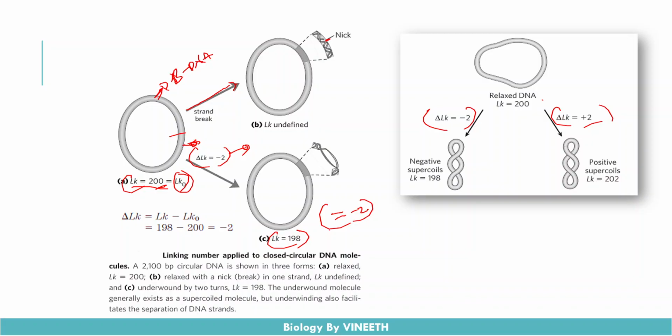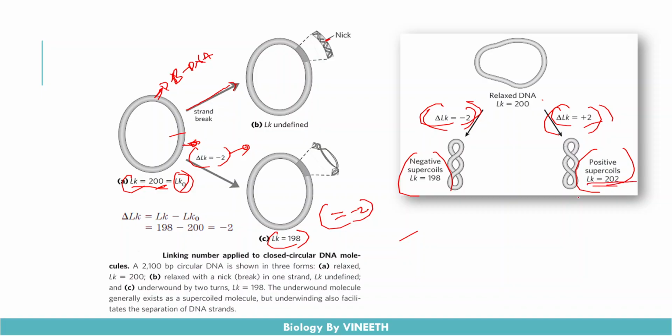If the linking number change is negative, that gives negative supercoils, meaning removal of two helical turns. If the change is +2, in the positive sign, that is called positive supercoils, from adding two helical turns.